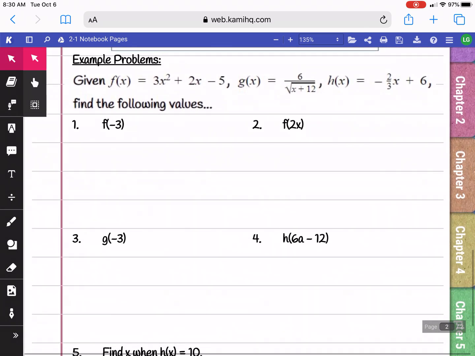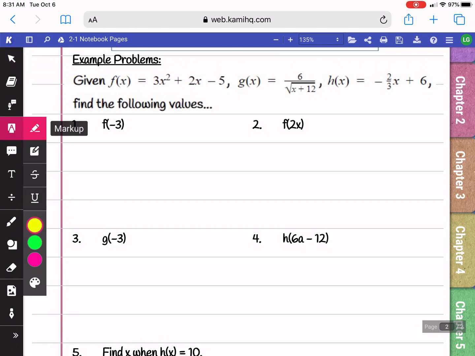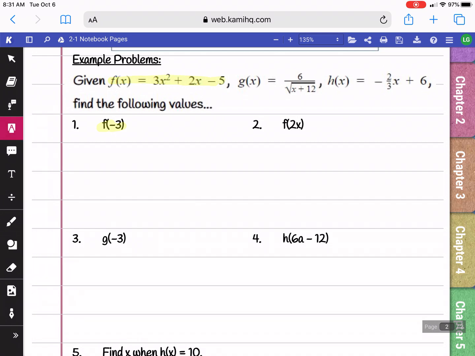So here we have some sample problems. This is just like what we did back in topic 1.1 where we were evaluating. Now we're going to do f of negative 3. That means we're going to use function f from the top. So I'm going to start by writing out function f: f of x equals 3x squared plus 2x minus 5.